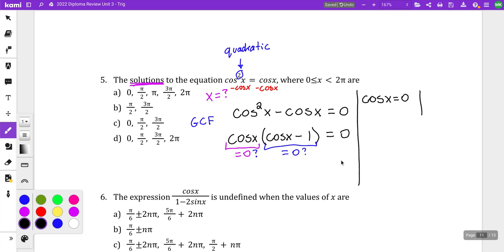That means when do you have an x value of 0? On your unit circle, you have an x value of 0 at the top of your unit circle, and an x value of 0 at the bottom of your unit circle. That would be pi over 2 and 3 pi over 2.